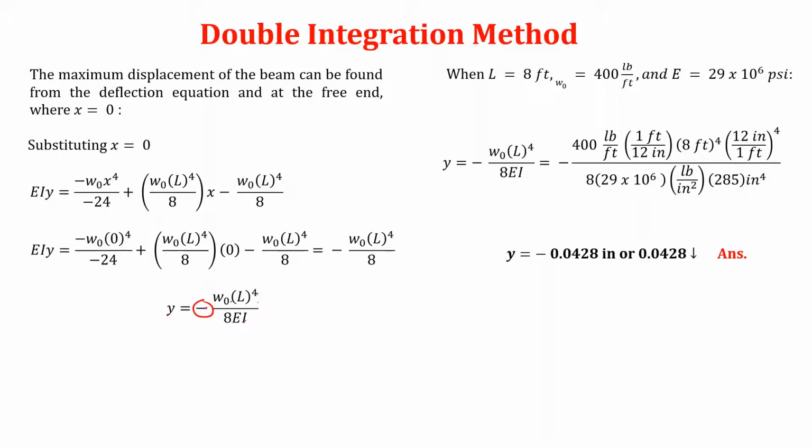So, negative 0.0428 inch or 0.0428 na pababa ang arrow to signify that the bending or the displacement is pababa. Okay? So, if maka-encounter mo ug ingon ani ang figure, and then solve for the deflection at the free end, so pwede na ni siya na formula if you can recall.